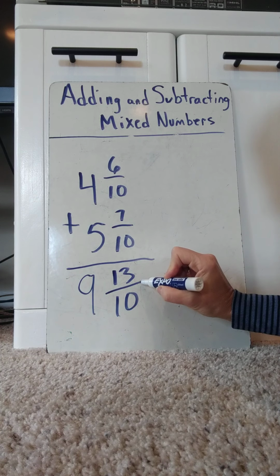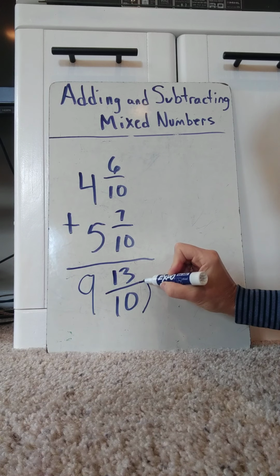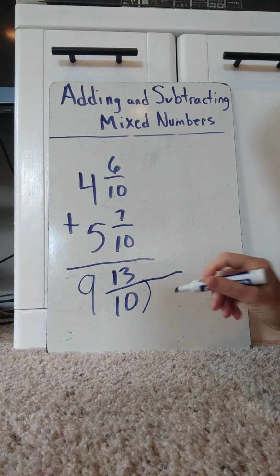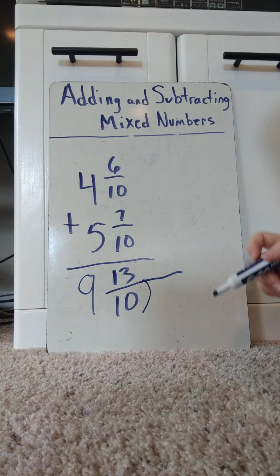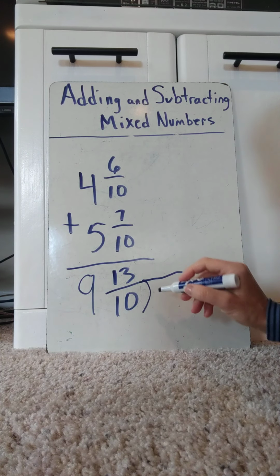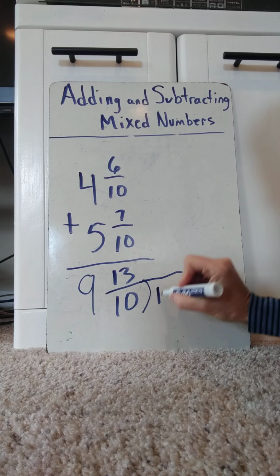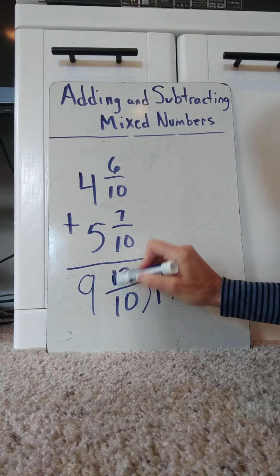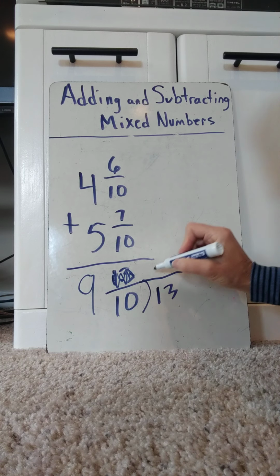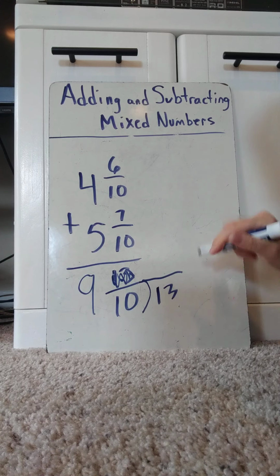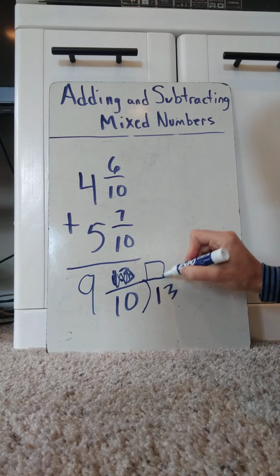So let's do that. We're going to change this improper fraction to a mixed number. Remember how we do that? Put our division bracket. We're going to take that 13 and move it right down here. And this is a 2-digit number here, so we're going to have 2 boxes, right?